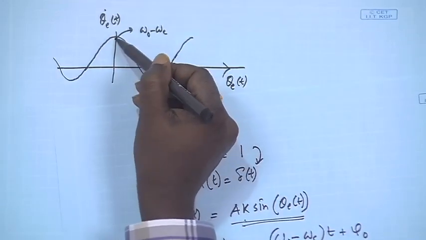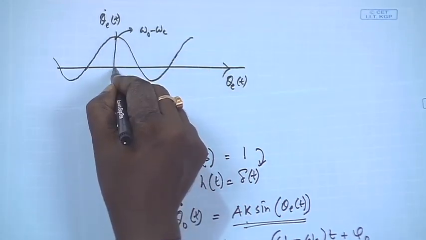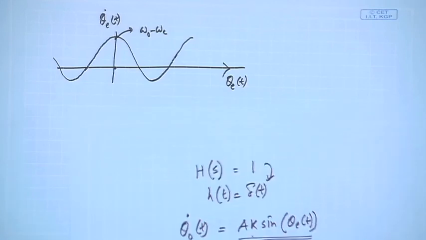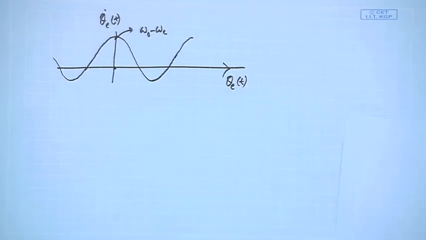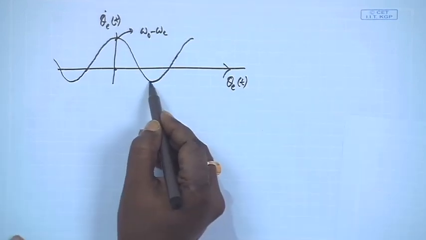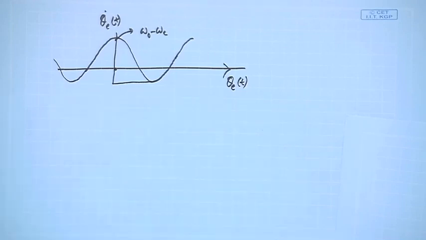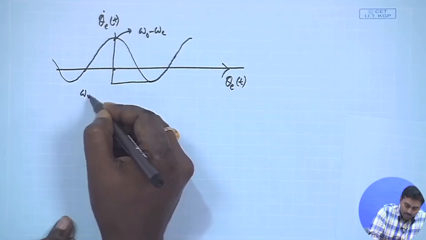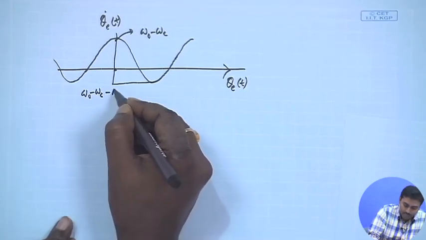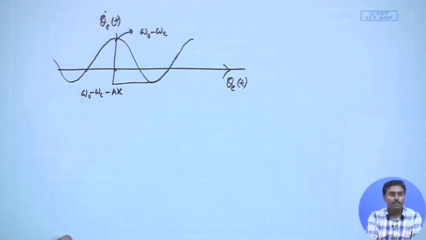So, this must be cutting at this point, because at that point theta e t is 0. Okay. And this particular value, how much is this? That should be omega 0 minus omega c minus A k, the maximum of the amplitude, right.